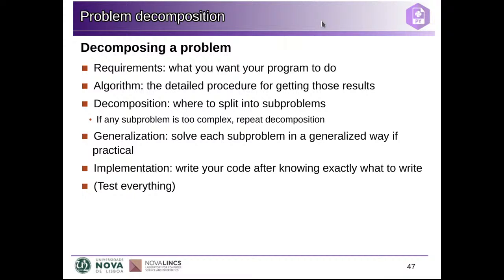And each part ideally should be implemented in a way that gives a more general solution, or as general as is practical. And also it's important to test each part individually before bringing everything together, because if we identify an error while testing each part, we know that the error is in that small piece. If we bring everything together and find an error, then it may be very difficult to know where the error is.